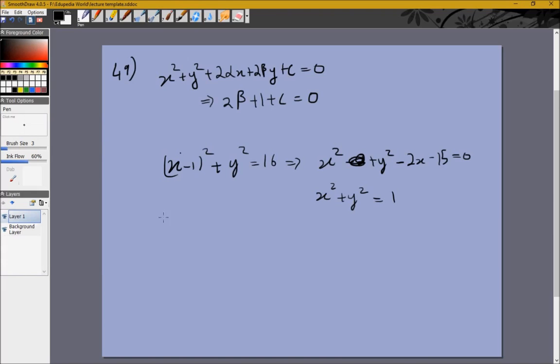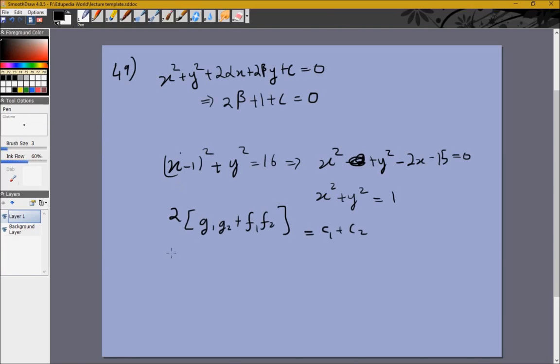We know what the relation for orthogonality is: 2 times g1 g2 plus f1 f2, where g and f play the role of alpha and beta, is equal to c1 plus c2. And we've written both of those in that form.